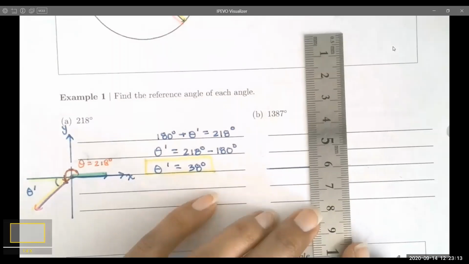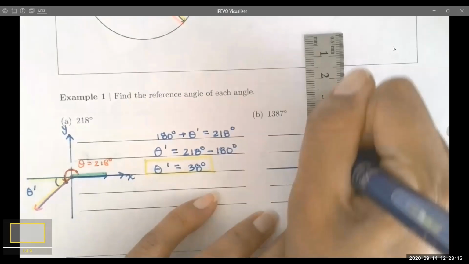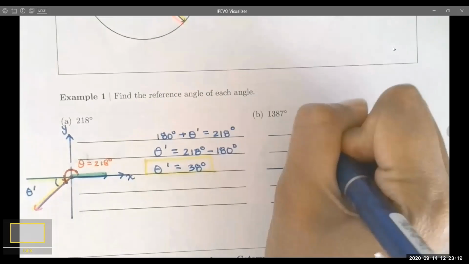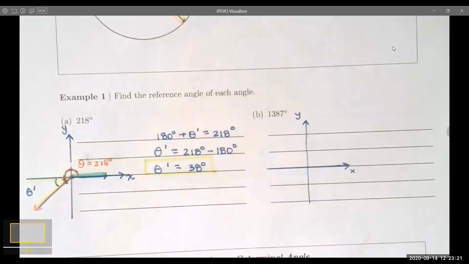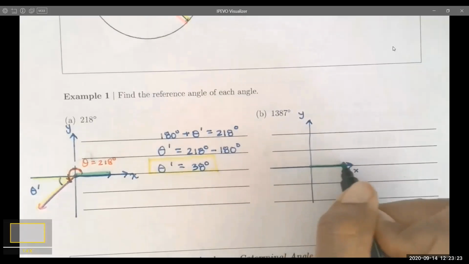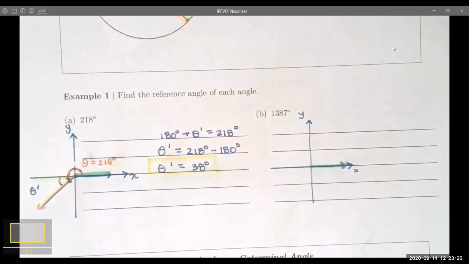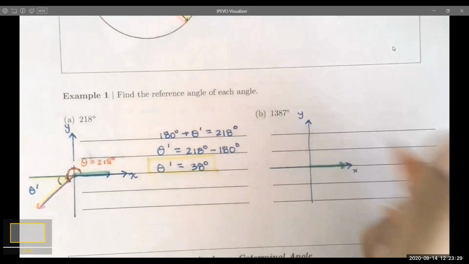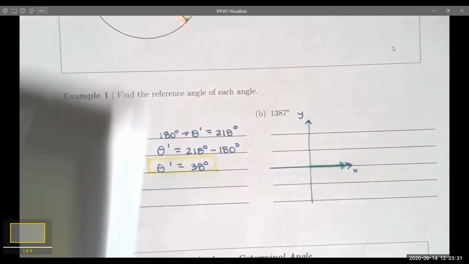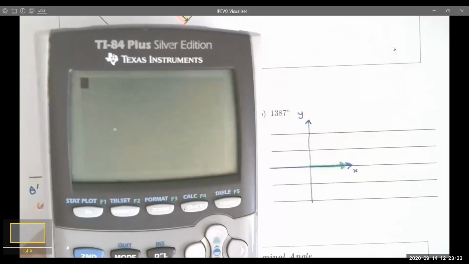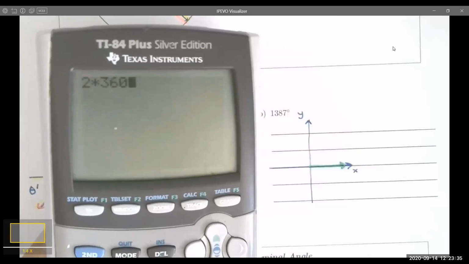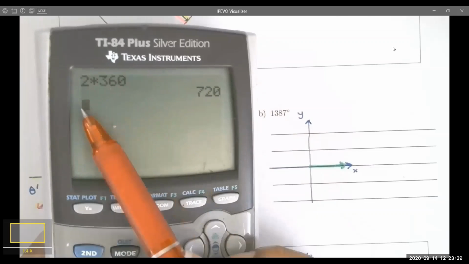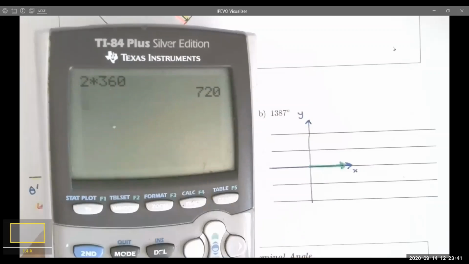Let's see what this one gives. Okay, so we have our initial side on the positive x-axis, and then that angle is going to rotate. Let's see how many times. Okay, 2 times 360 is 720, and 1387 is larger than 720, so we're going to continue.